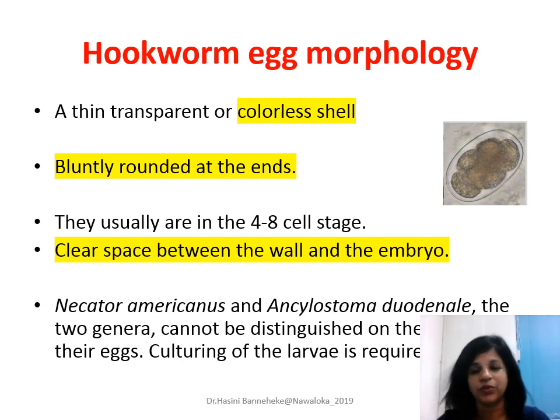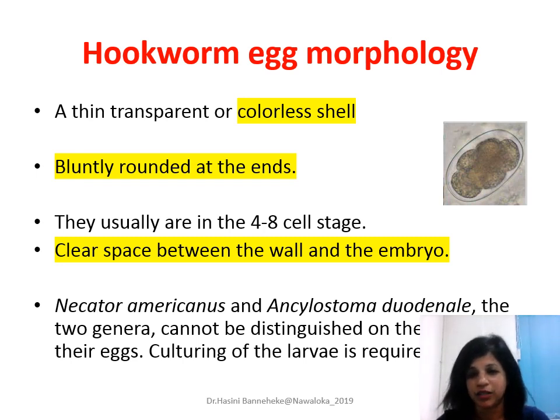So what was shown to you was an egg of a hookworm. In general, we can call it hookworm eggs. And I hope you noticed that it has a very thin wall, and it is oval in shape, and the whole thing is colorless, the shell is colorless, and the ends are bluntly rounded, and it has an embryo which is divided into 8 cell stage.